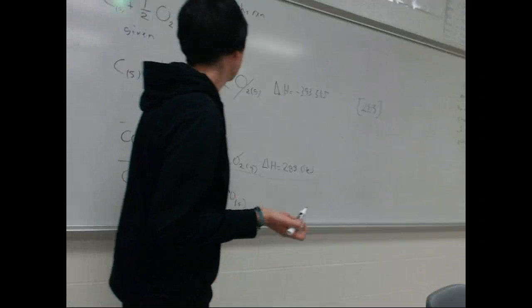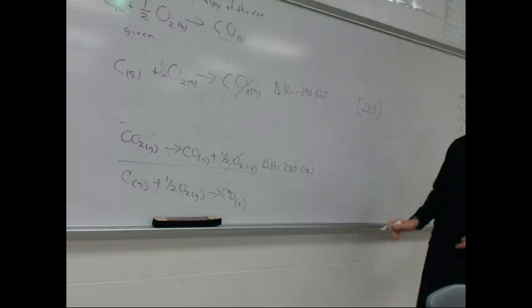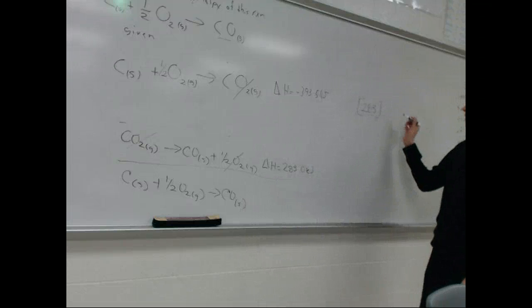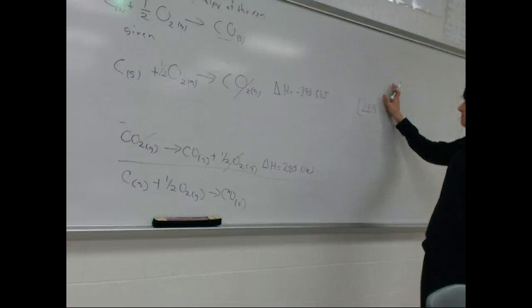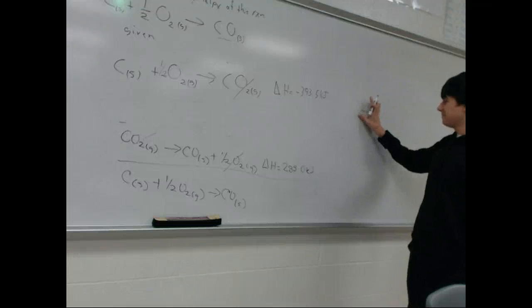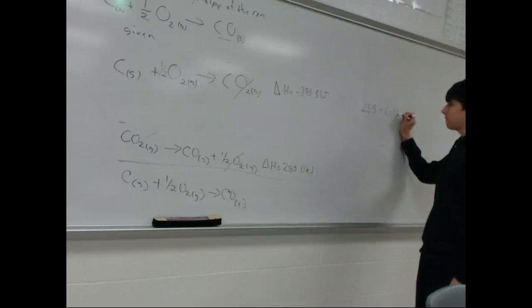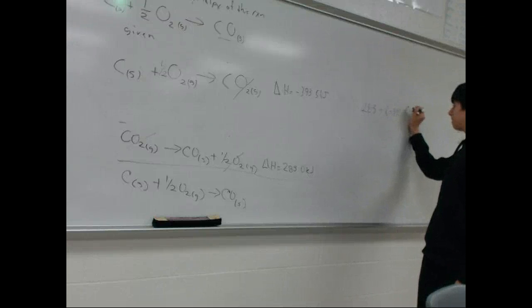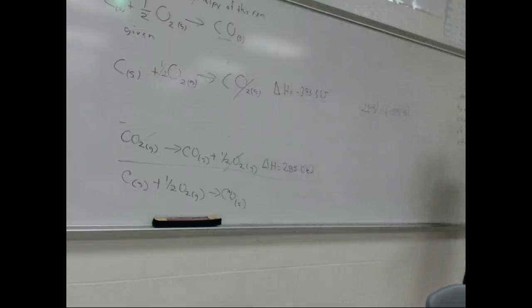Does that match the equation that we're trying to find the enthalpy for? Okay, then add up your delta H. Find the sum: 282 plus negative 110.